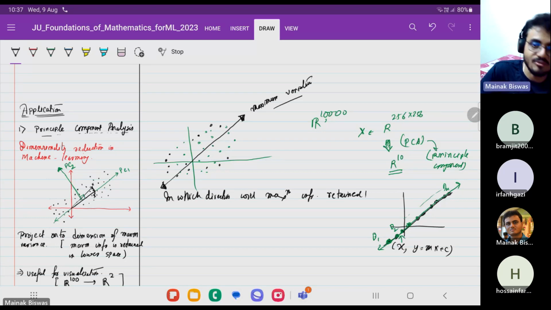This is the axis of maximum variation. From the figure, can't you see? All the points are situated along this line, and there's a small perturbation towards the other component. This is PC2, this is PC1, right?